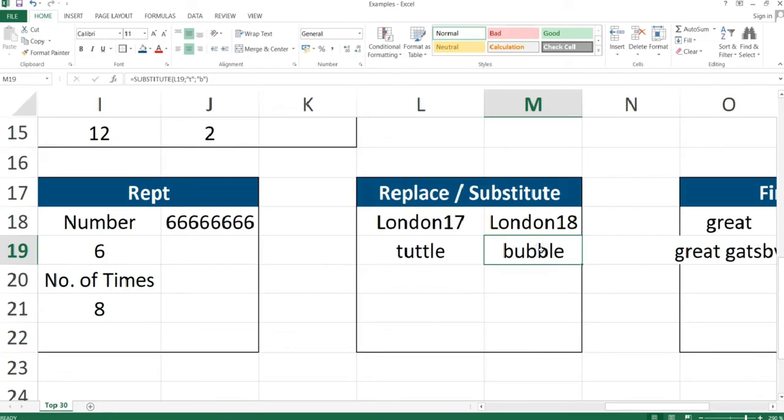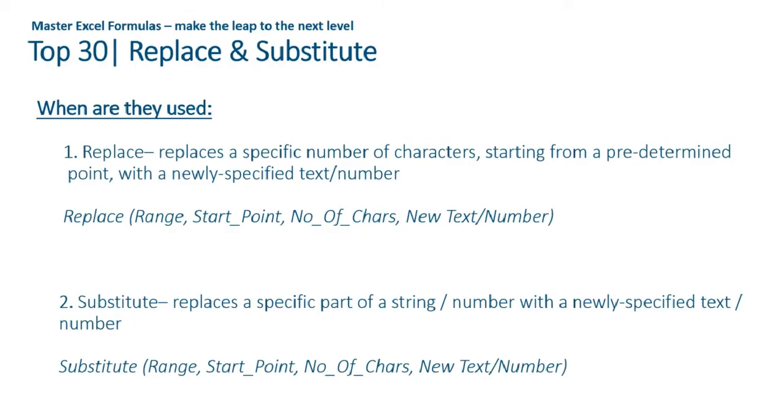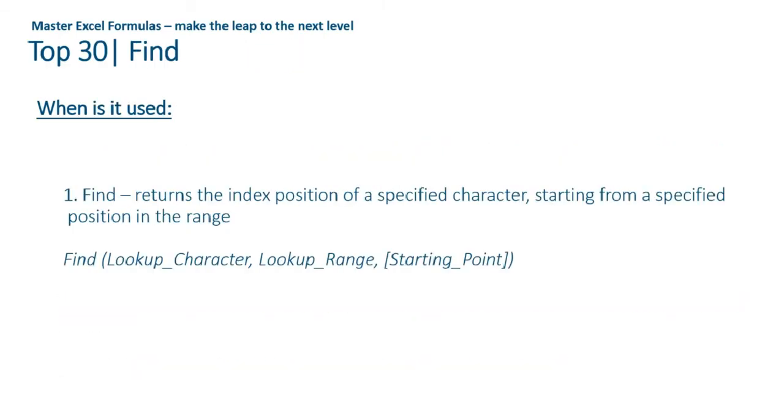written. Now, going back to the presentation, the next formula is FIND, a very interesting formula. It returns the index position of a specific character, starting from a specified position in the range.